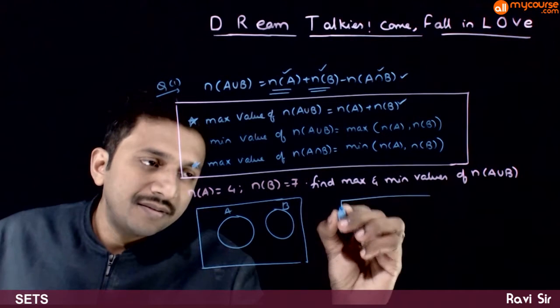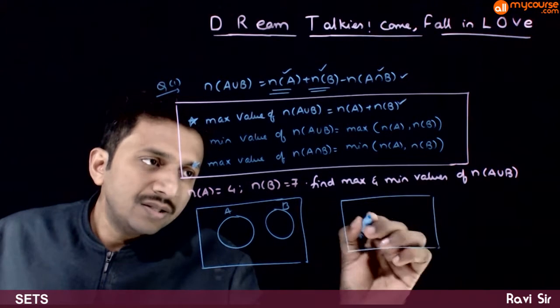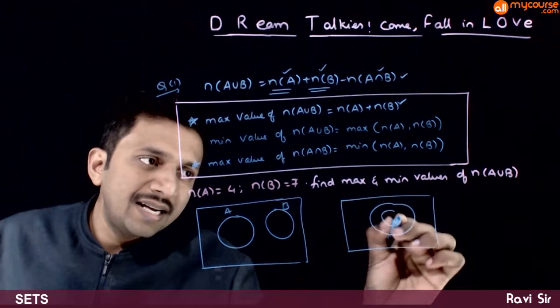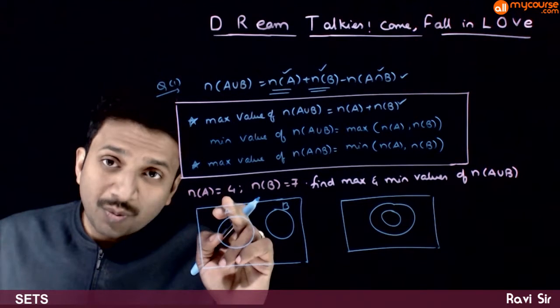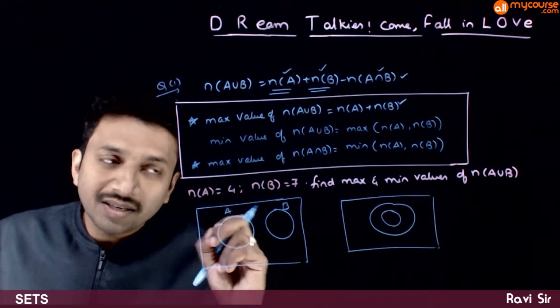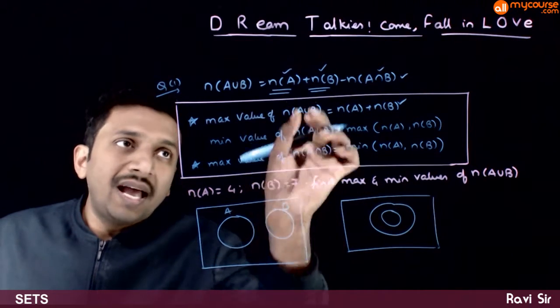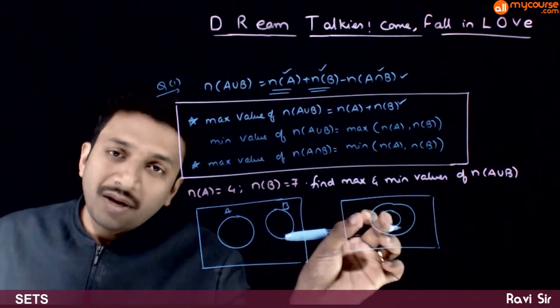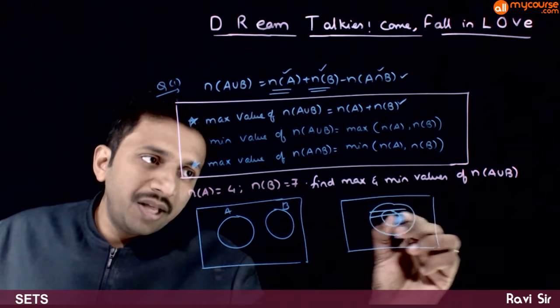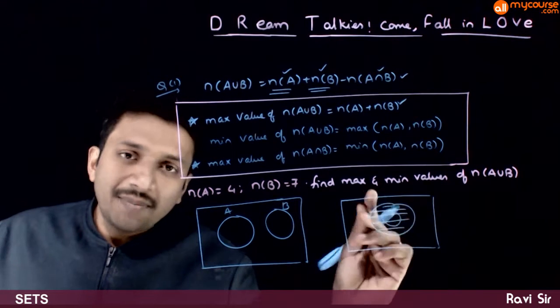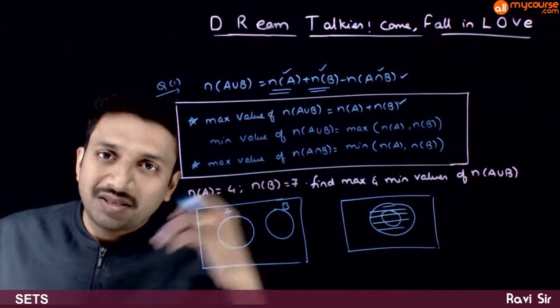If the smaller set lies inside the bigger set, then n of A intersection B will be maximum, and this ensures the minimum value of n of A union B. So n of A union B will be exactly the same as the number of elements in the bigger set.